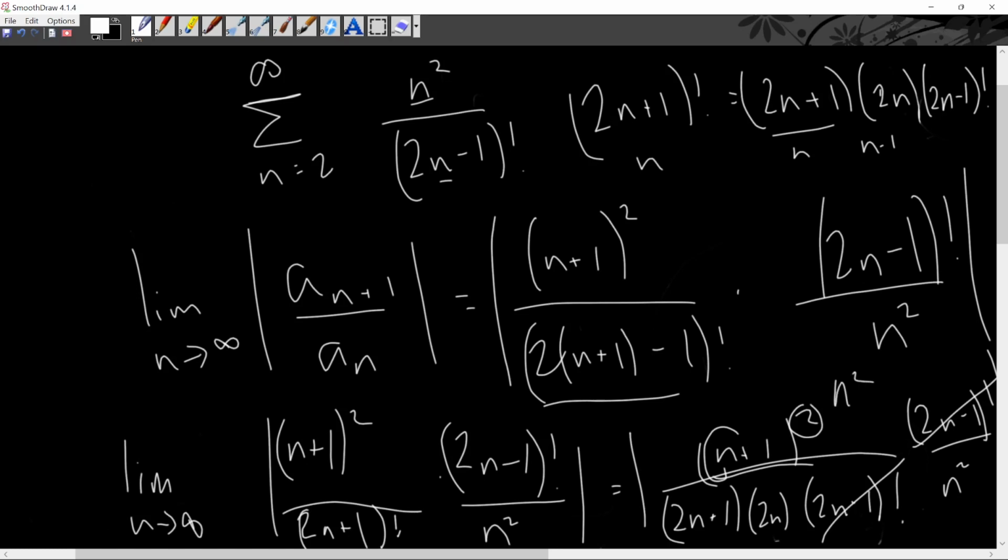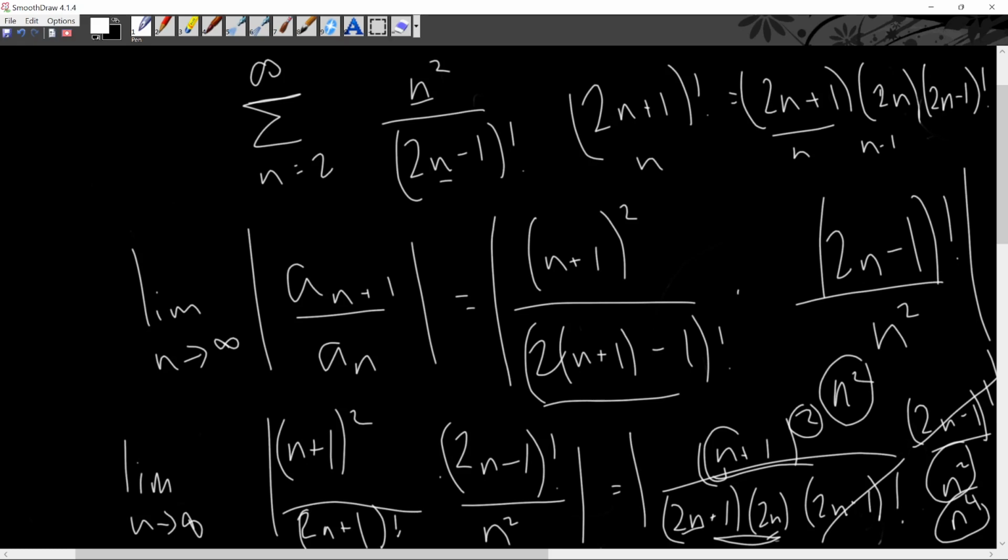And if you do 2n times 2n, ignoring the fact that it's obviously 4n squared, the highest degree is n squared. And then this is also multiplied by n squared. So you have a term with a degree of 2 in the numerator, and a term with a degree of 4 in the denominator. n squared times n squared is n to the 4th power.